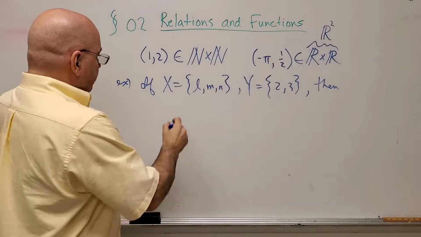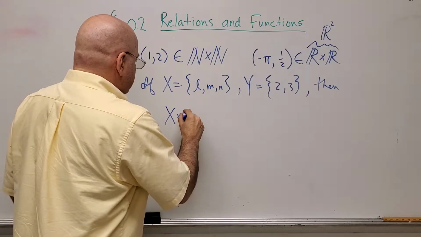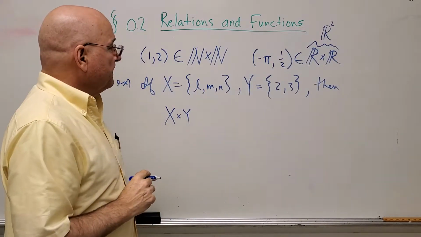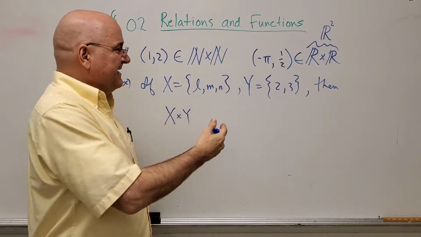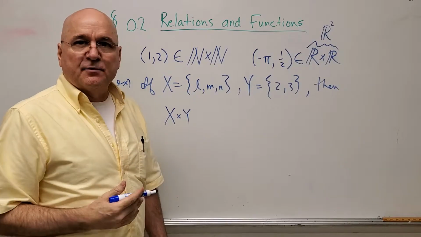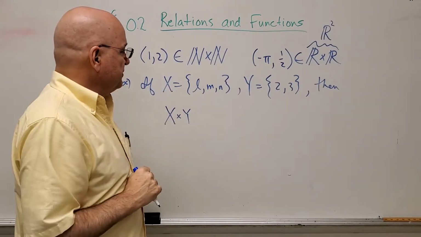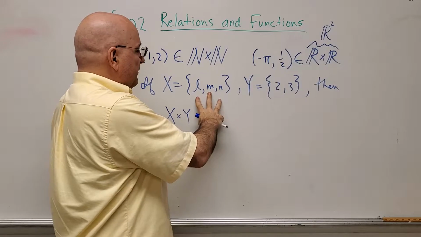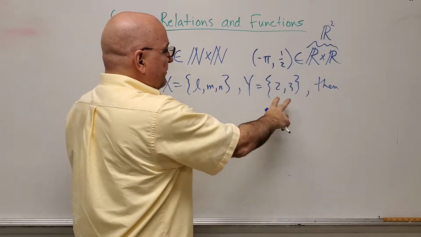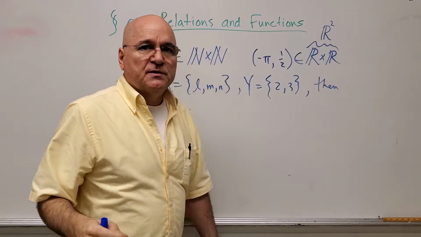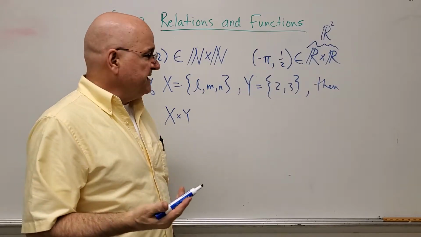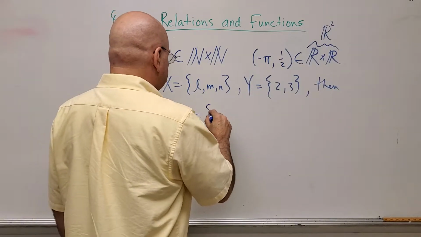Well, that means that we've got X crossed with Y. And whenever you do this on a set that has a finite number of elements, both of these do, you can count the number of elements in this set, which is 3, and the number of elements in this set, which is 2, and you're going to get 3 times 2, or 6 ordered pairs.